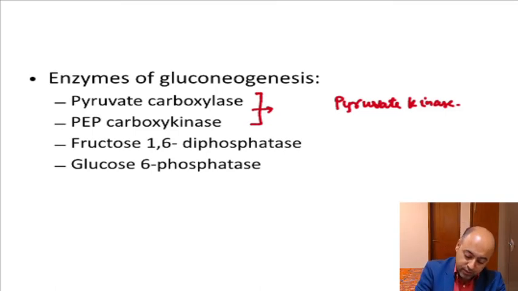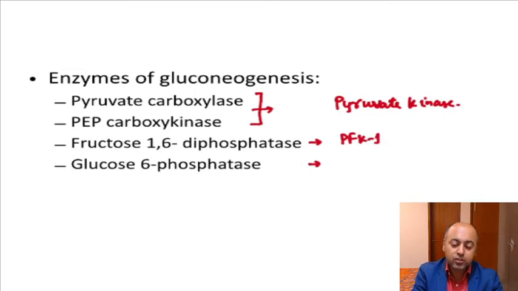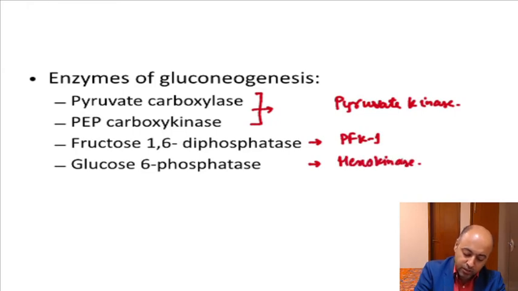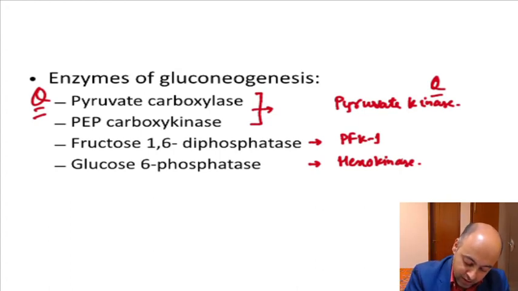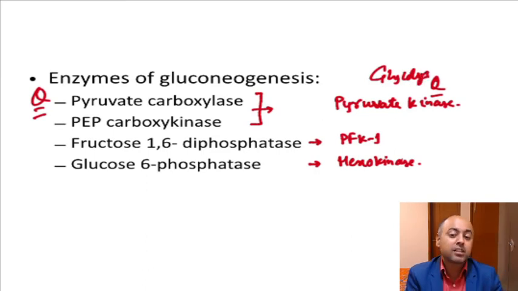Fructose 1,6-bisphosphatase will bypass the activity of phosphofructokinase 1, whereas glucose 6-phosphatase will bypass the activity of hexokinase. Please make note of these, very commonly asked. These are the enzymes of glycolysis and they are bypassed by the respective enzymes when we are doing gluconeogenesis.